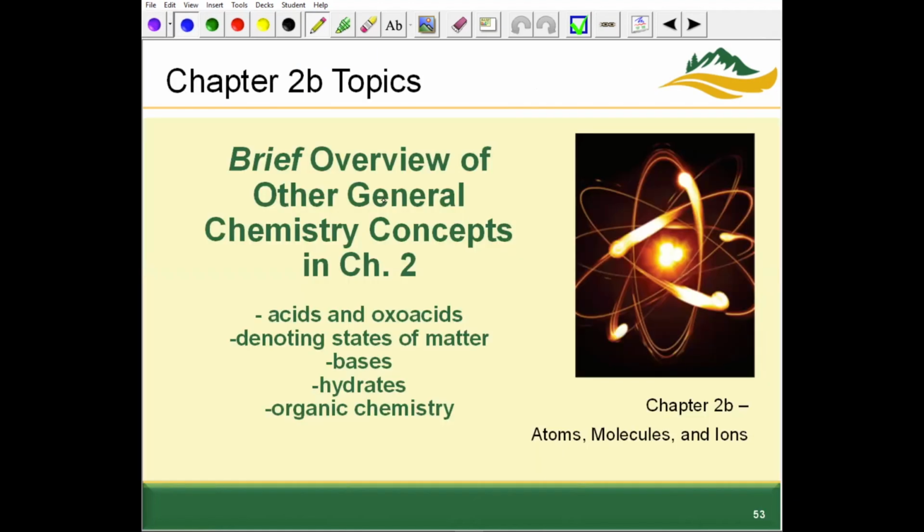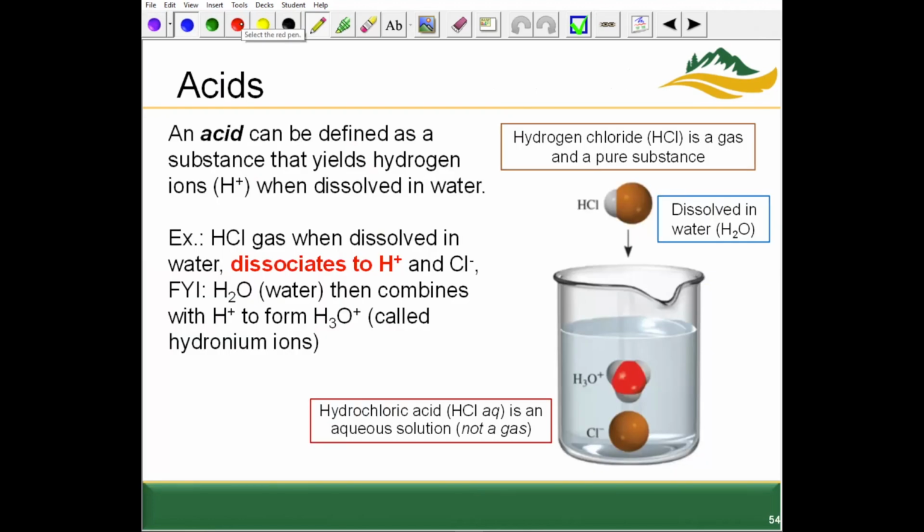And now lastly in chapter 2, just a brief overview of some concepts that are introduced to you in chapter 2. Something to start getting used to is knowing that acids can be found as a substance that yields a hydrogen ion. It donates a hydrogen ion when dissolved in water.